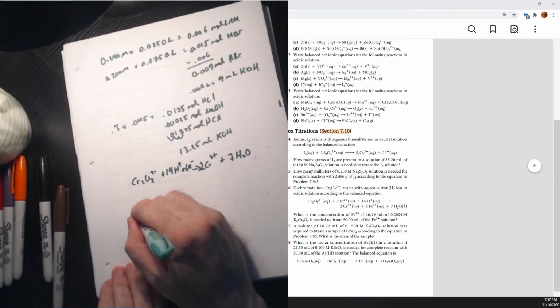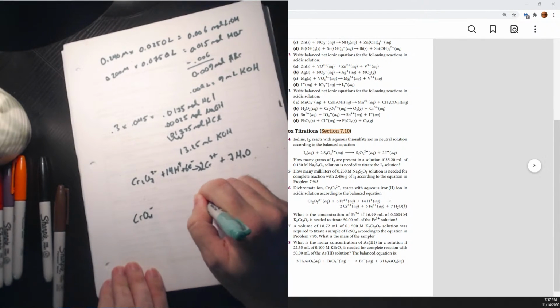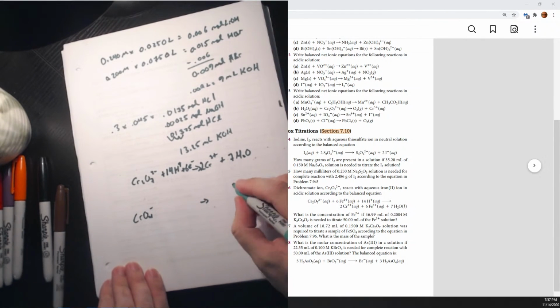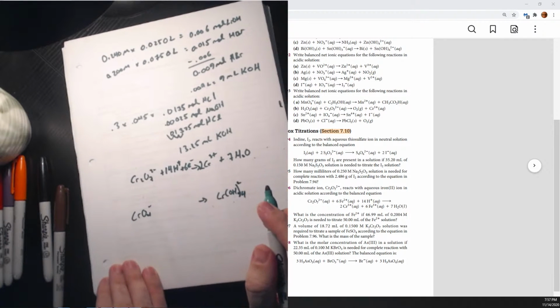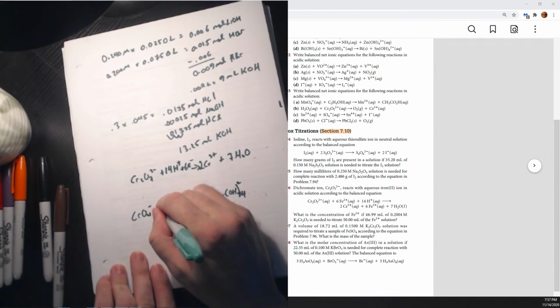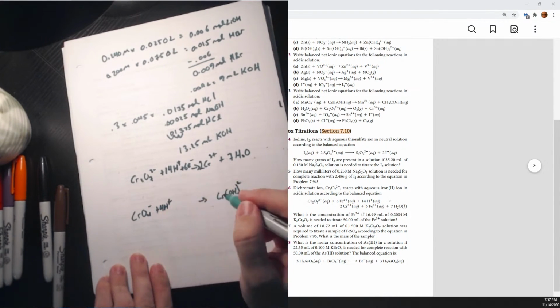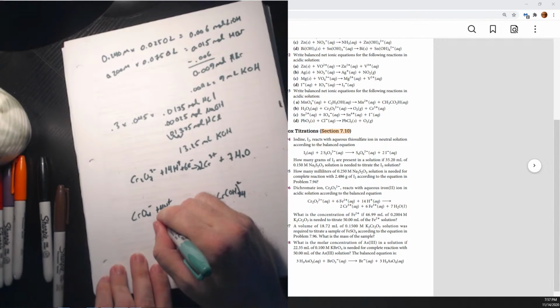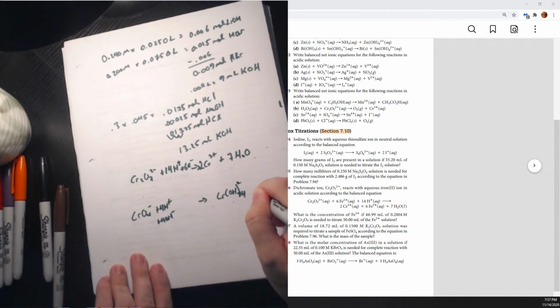But now CrO4 2 minus goes to Cr(OH)4 1 minus. Okay, so let's balance oxygen. Chromium is balanced, oxygen is balanced, so 4 H plus. Now we're going to add 4 OH minus to each side.